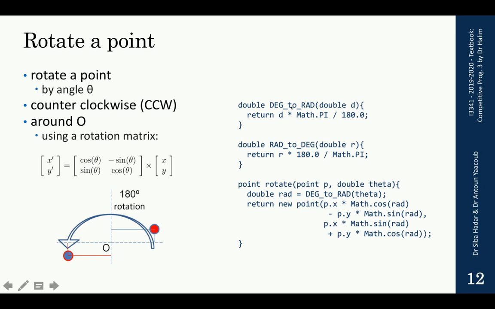So we are going to simply multiply by pi and divide by 180, and in order to do the opposite operation, from radian to degree, we multiply by 180 and divide by math.pi.